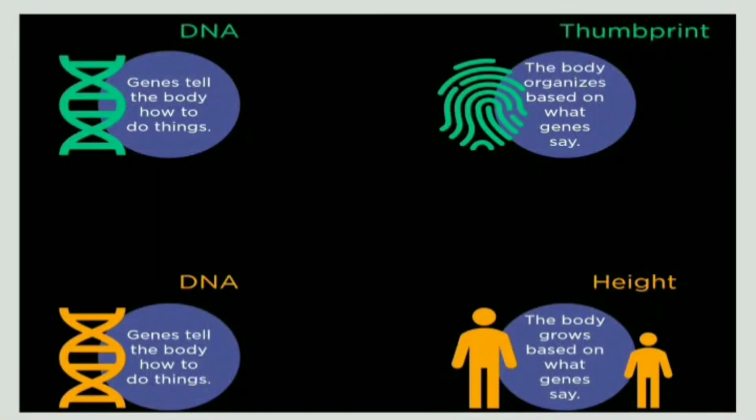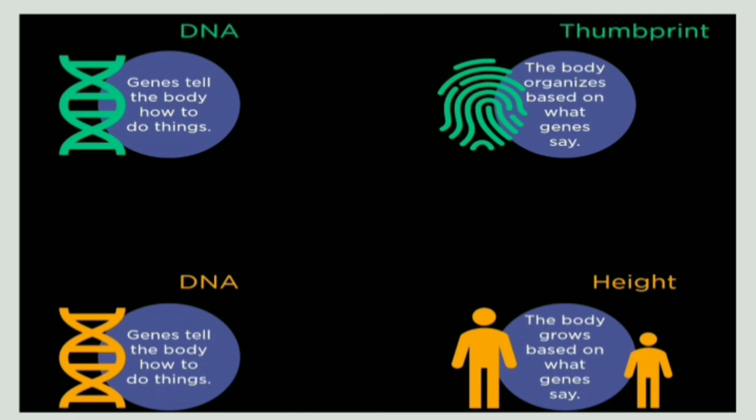So let us quickly differentiate genotype with phenotype. So DNA is the genotype. So in the case of DNA, the genes tell the body how to do things, as thumbprint as well as height are phenotypes.